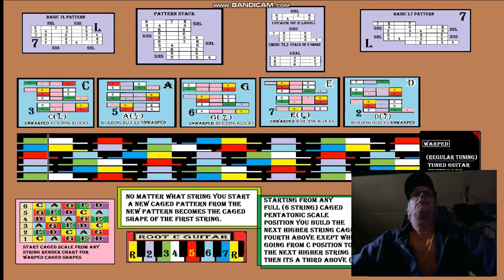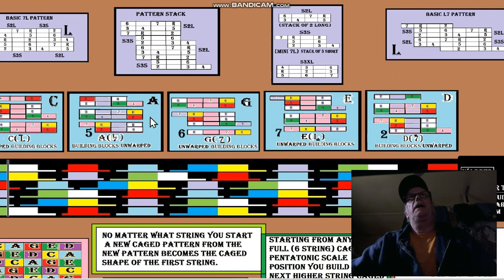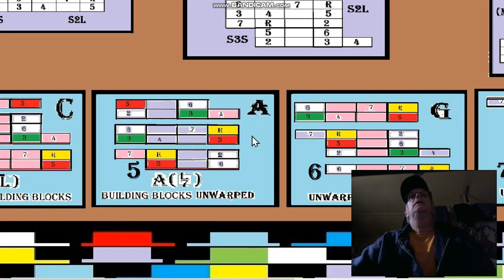What we left off talking about was that these are shapes, not absolutes. When we talk about C here and the A here, this is an A shaped C. You have this 5 root 3 right there.